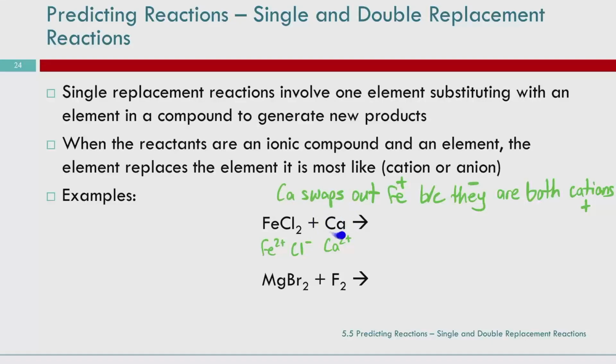So we're going to swap calcium in for our iron 2+. So calcium 2+ is getting paired with Cl-. We have to do our flag and drag, CaCl2. And of course, flag and drag is not what we're doing. It's swap and drop or crisscross. I'm just being silly. And then the other thing that we would have is iron, just as a metal by itself.